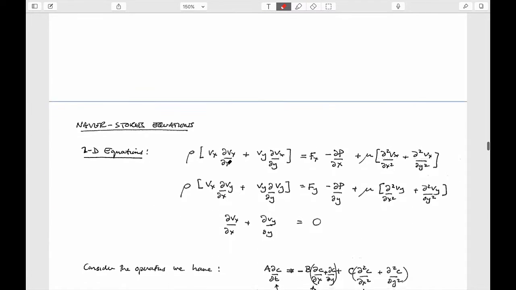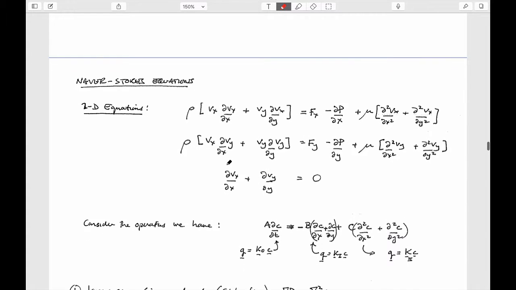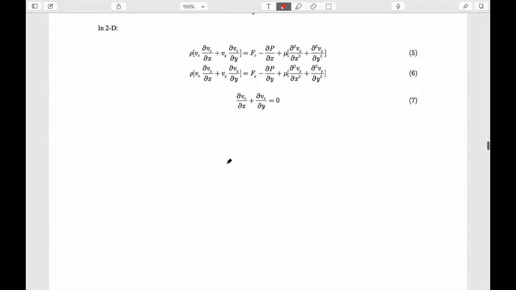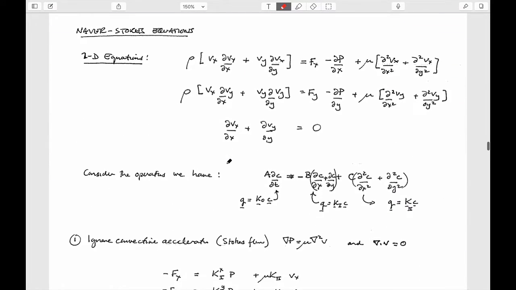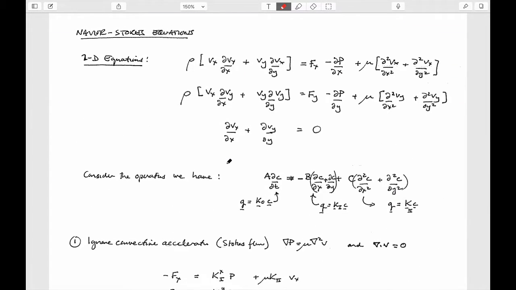So we could try and solve these equations. So if we go down from this 5 and 6 here, you see them repeated here. I think it's no different. And so what you notice is that if they're written out in this way, they exist in a variety of different forms, right?